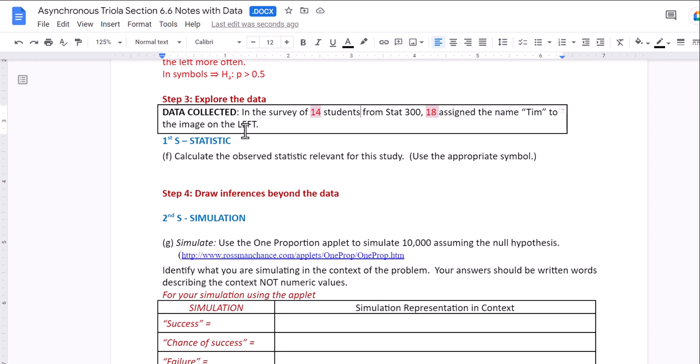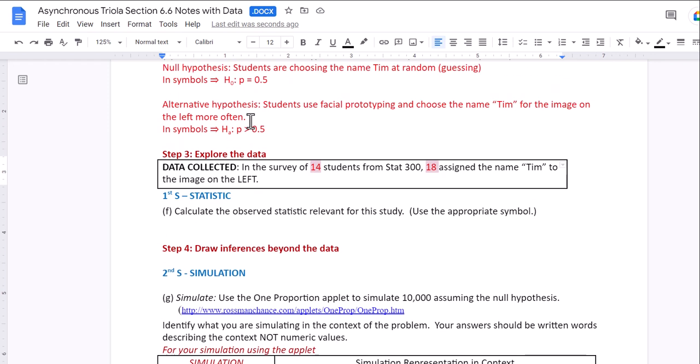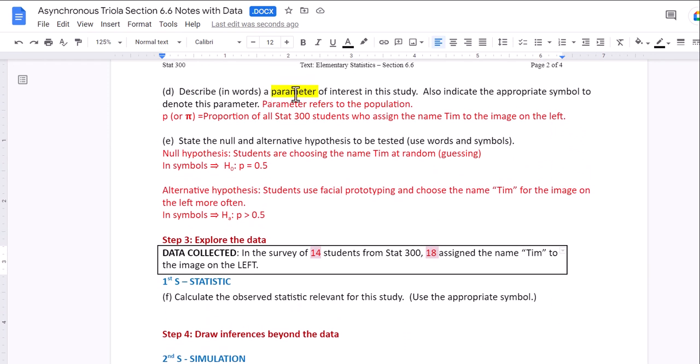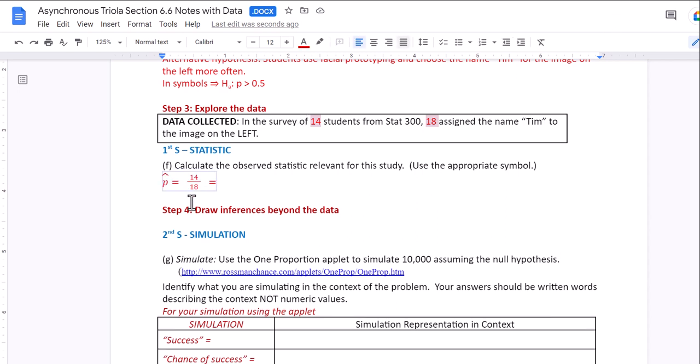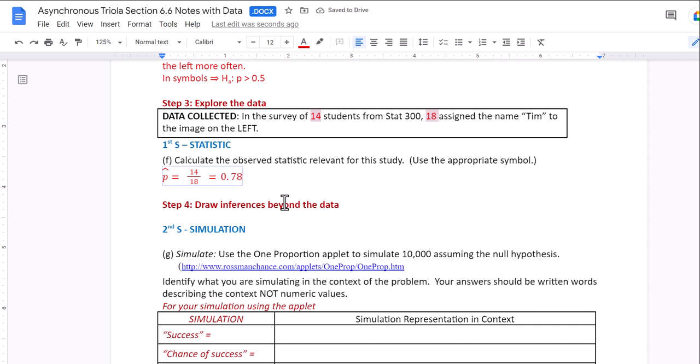So what is our symbol for a statistic? When I'm looking at a proportion, can you remember what the symbol is? Yeah, for a sample, we use p hat. So in this case, p hat is equal to 14 out of 18, which on a calculator is approximately 0.777 repeating. I'm going to round to 2 decimal places and say 0.78.